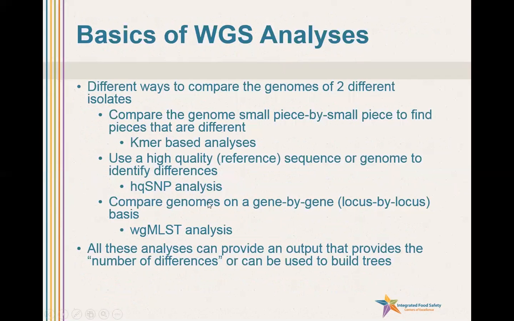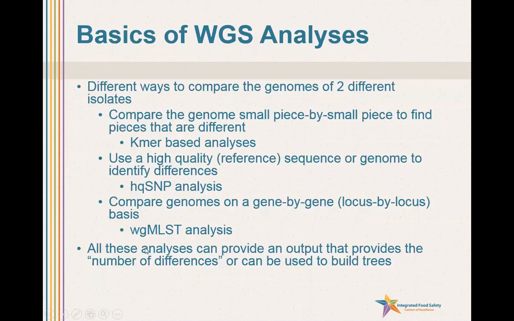The two key methods are high-quality SNP analysis and whole genome MLST analysis. Sometimes we might see other analyses that are called k-mer-based analyses, but these are really not typically used for epidemiological data analysis and typically only provide a rough grouping of isolates. So we will focus on high-quality SNP and whole genome MLST analysis.